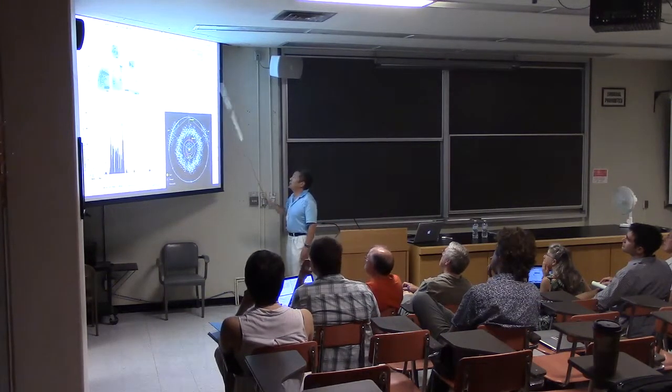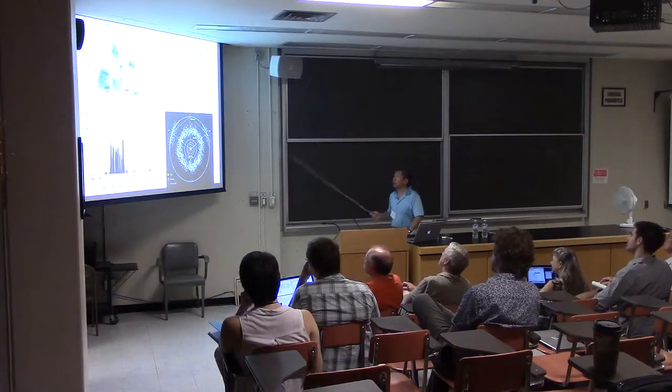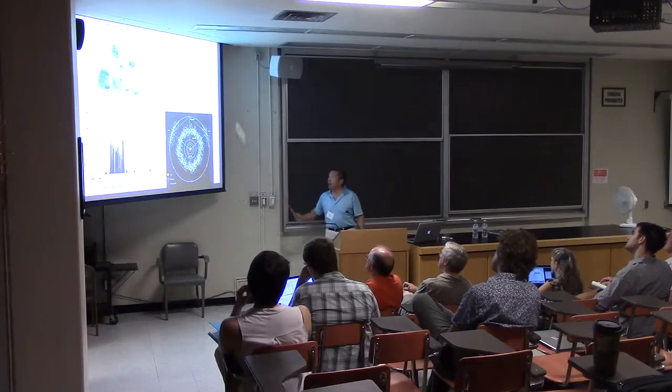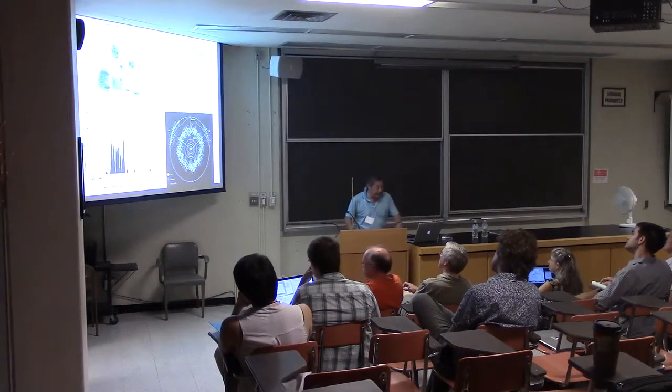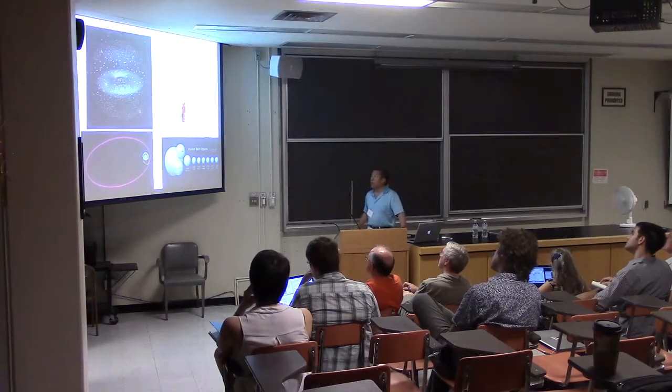You can also see this in the size distribution, which is not quite like the MRN distribution, but perhaps with a break. And signs of resonance are also found in the azimuthal distribution.